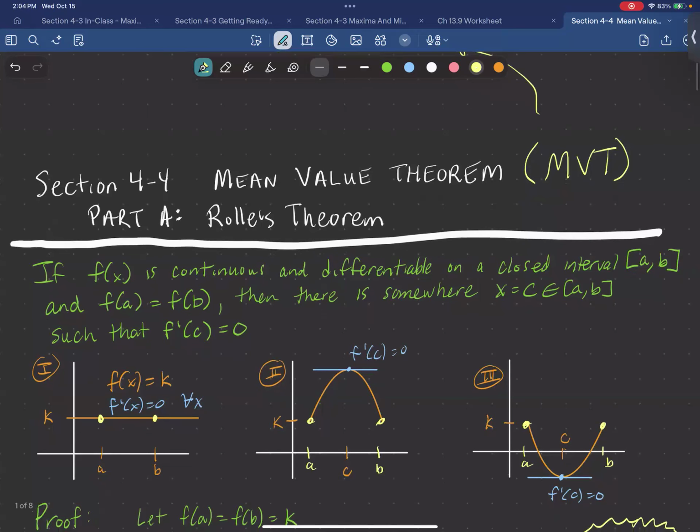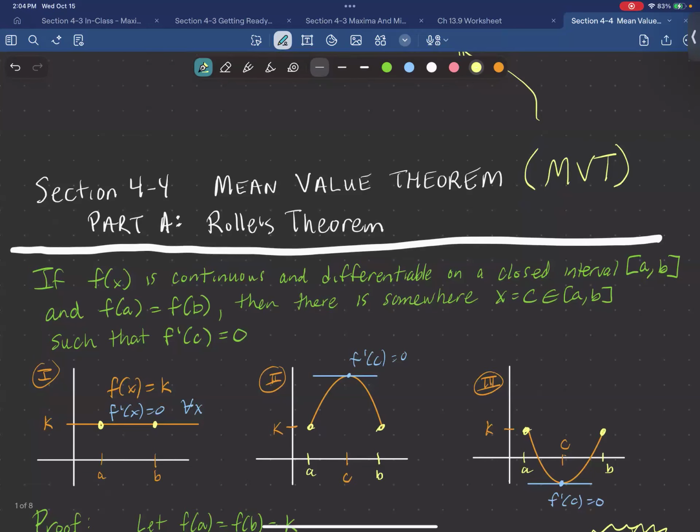So it's continuous, it's differentiable on a closed interval, f of a equals f of b. Then there is somewhere where x equals c and c is inside (a, b), such that f prime of c equals 0.